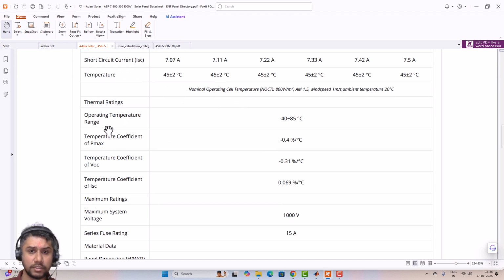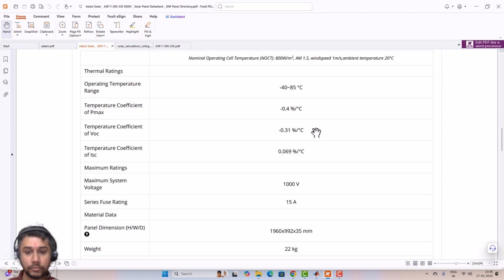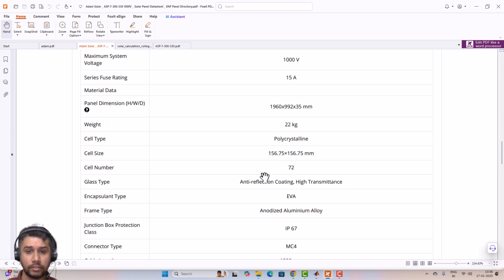Operating range of this panel is minus 40 degrees Celsius to 85 degrees Celsius. So the temperature between minus 40 to 85 is suitable for operation, and this panel can work smoothly. So now 156.75 mm cells have to be taken care of, and the number of cells is 72.